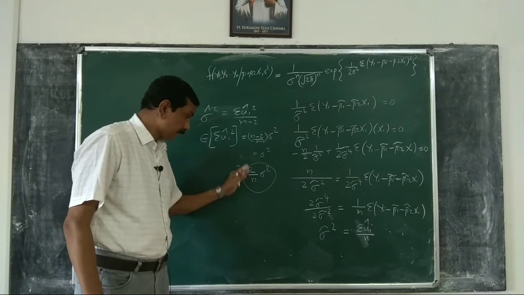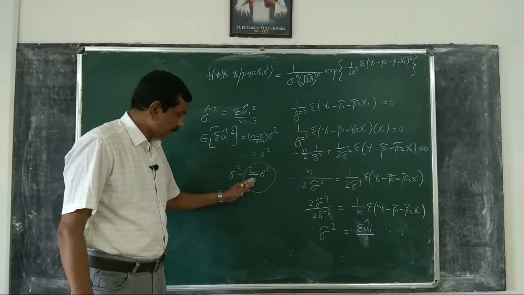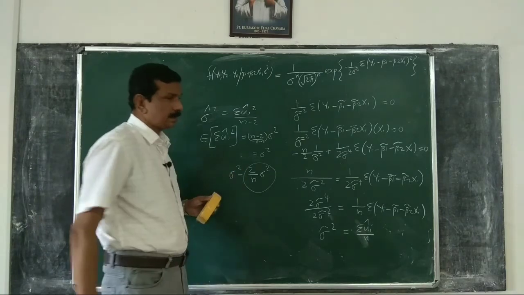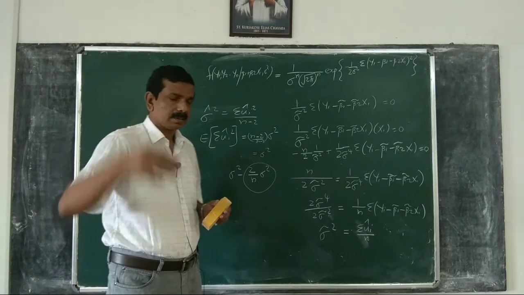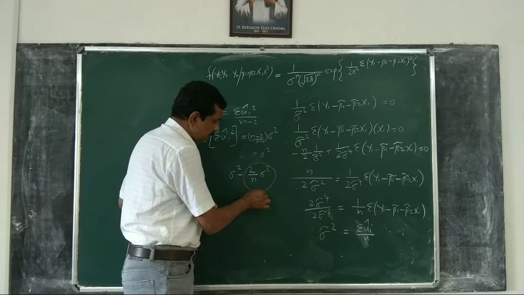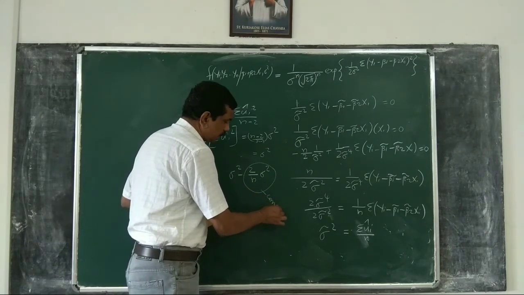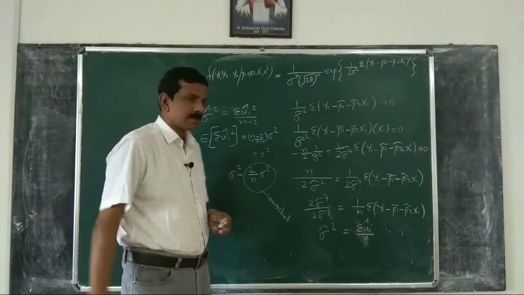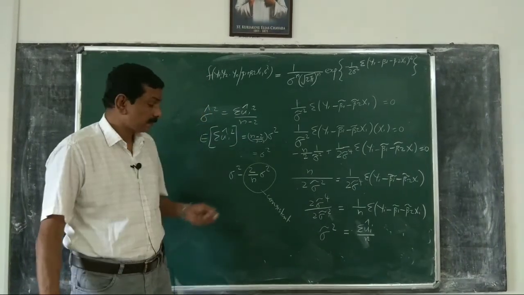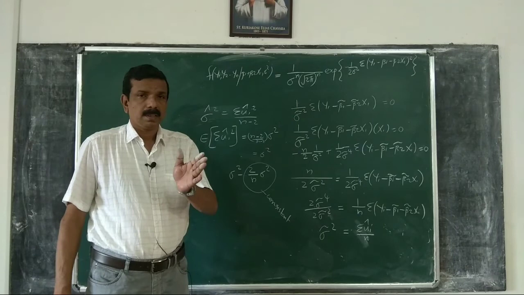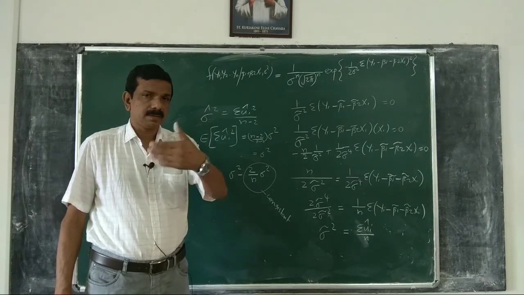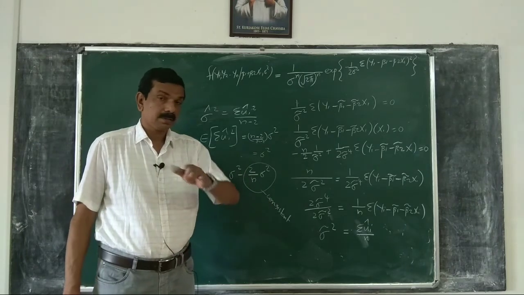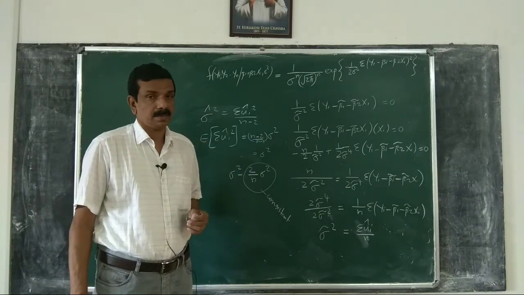And this bias will disappear as sample size increases indefinitely. If the bias disappears as the sample size increases indefinitely, such an estimator is known as a consistent estimator. So in small samples, the ML estimator of sigma square is biased, but in large samples, it is a consistent estimator of sigma square.